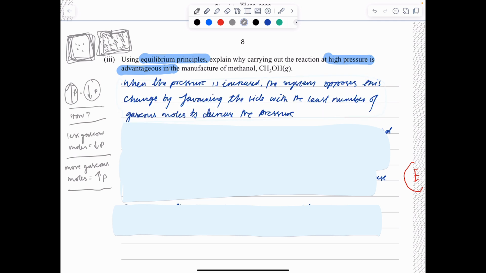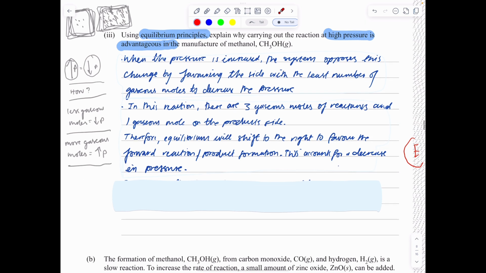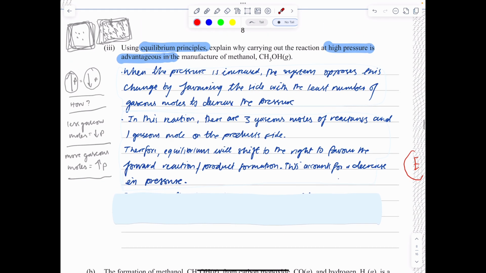So, when the pressure is increased, the system opposes this change by favouring the side with the least number of gaseous moles to decrease the pressure. Make sure you include gaseous moles. Whenever we're dealing with pressure equilibrium questions, have this keyword. Now we have to be specific. We need to count the number of gaseous moles and specify that. Specificity is so important.